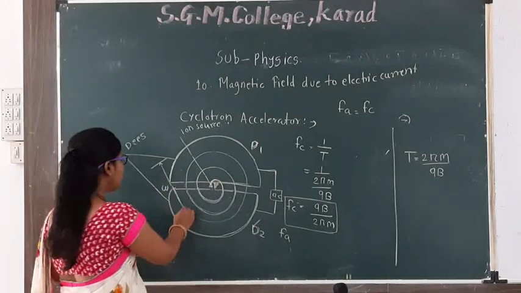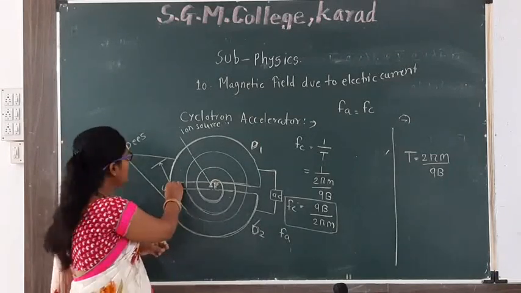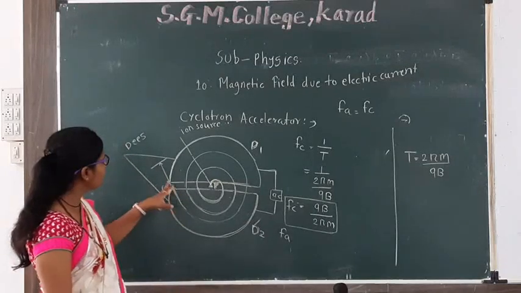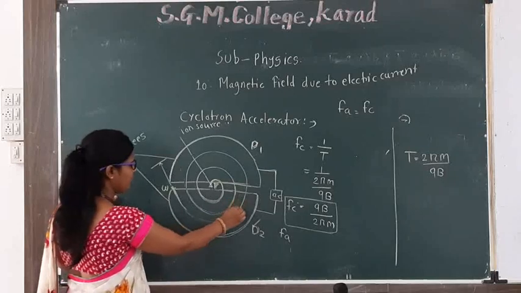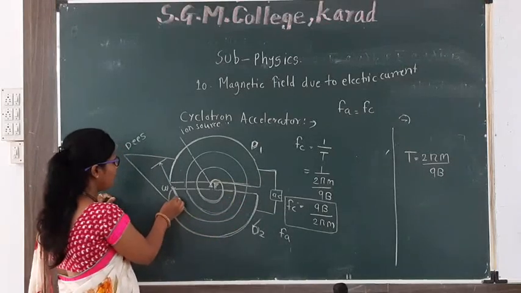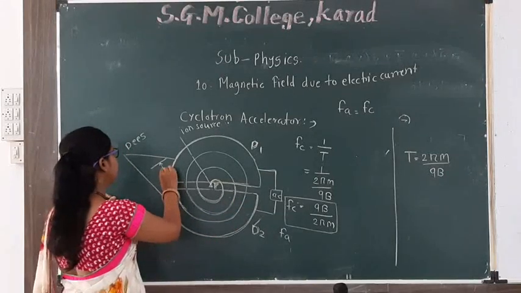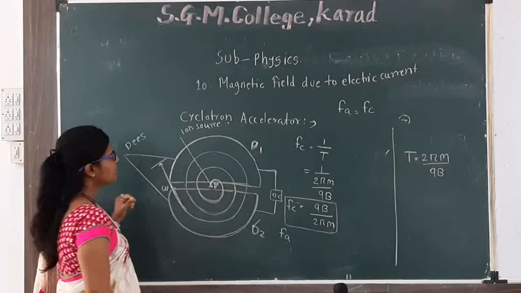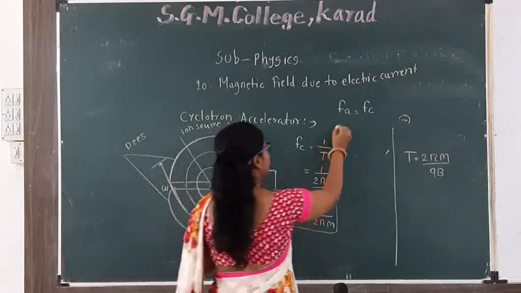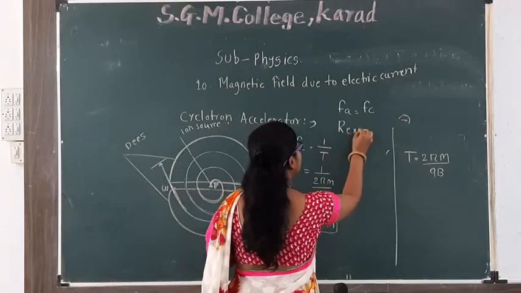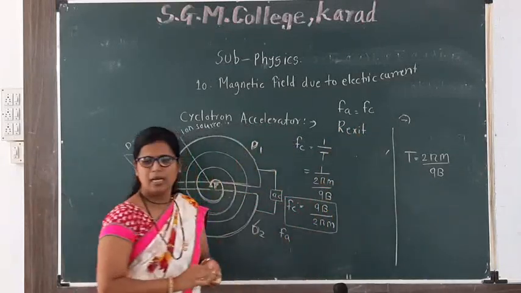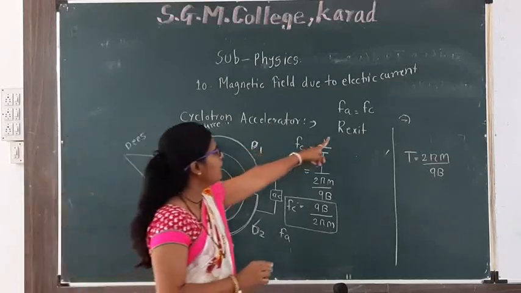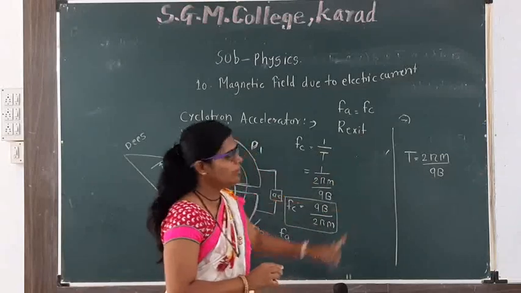Due to this larger radius, the particle is extracted through the exit. There is R exit, which is the radius of the exit.